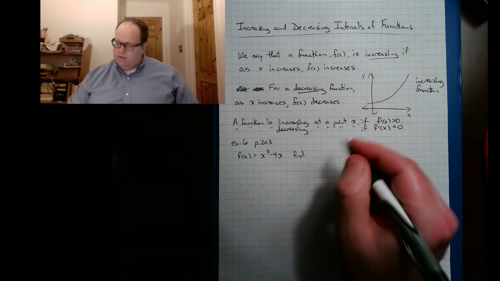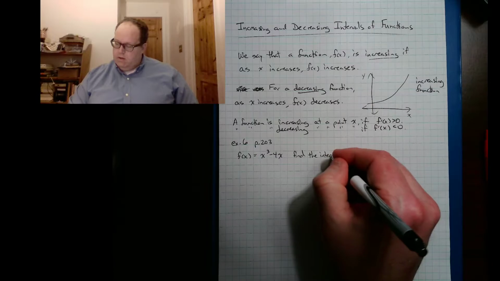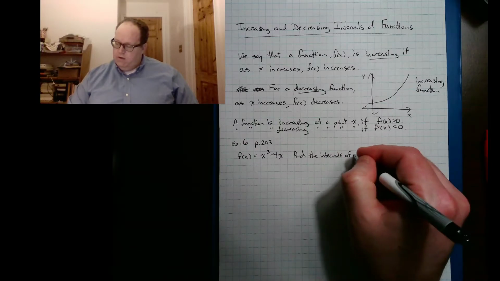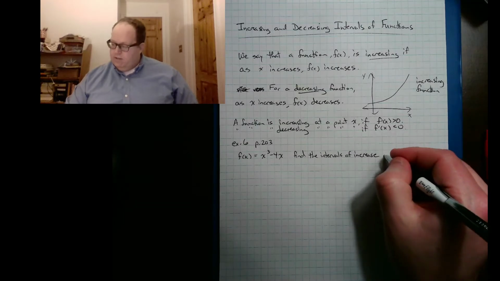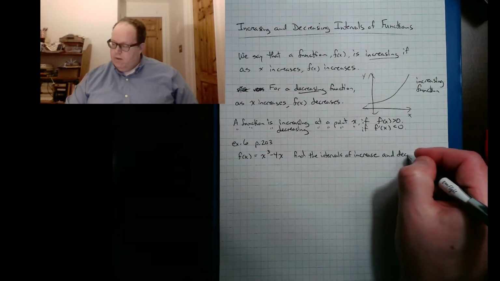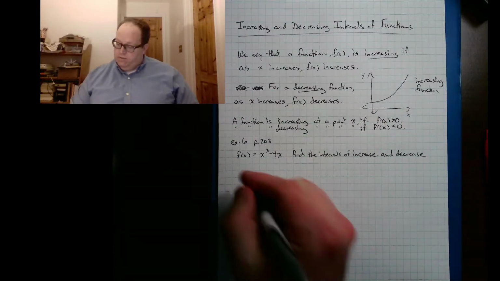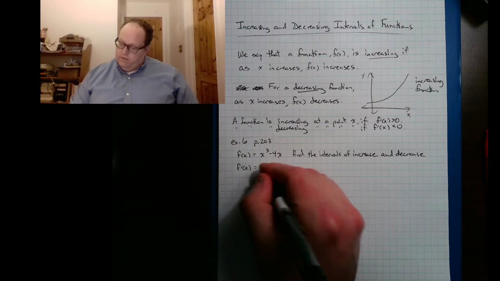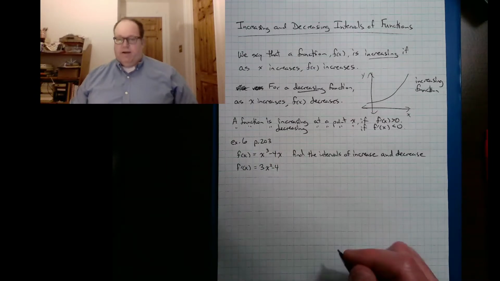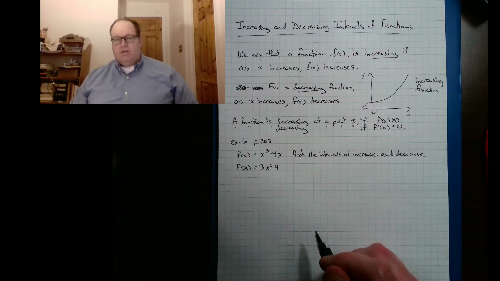You might also see that phrased as find the intervals of increase and decrease. So I'm going to look at the derivative of this thing. Its derivative would equal 3x squared minus 4. So I want to find out where the slope is positive and where the slope is negative.